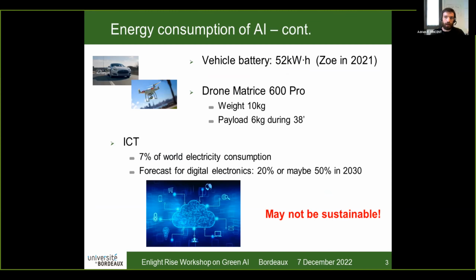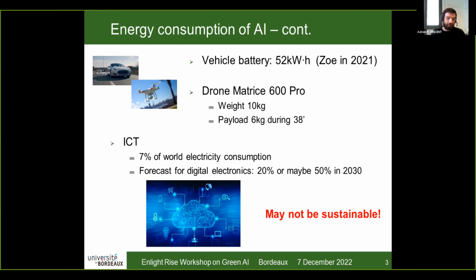But we're actually facing a more general issue that was already mentioned in the previous presentations regarding information and communication technologies. Those technologies account for a total electric consumption that is a few percent of the worldwide production.